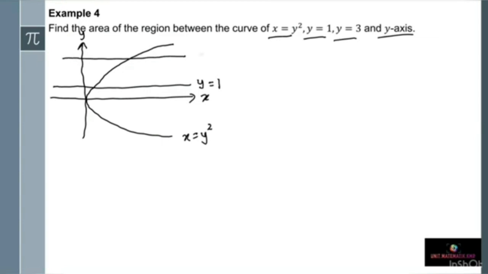Where is the region? The region is somewhere here. Let's label this one as E.